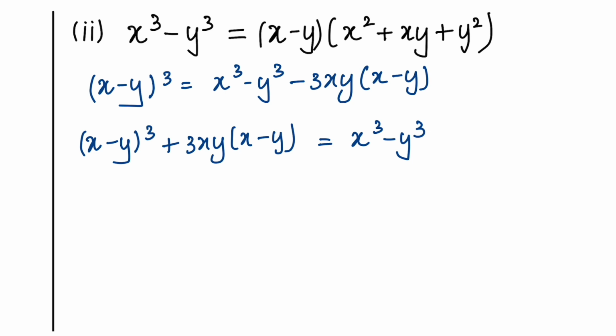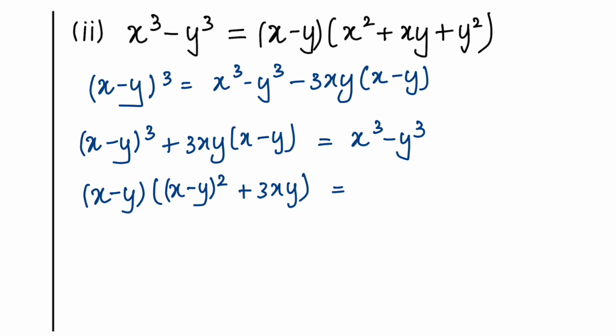Now on the RHS, you can see that x minus y is a common factor on both these terms. So I am going to take that out as a common factor. That leaves you with x minus y into x minus y the whole squared plus 3xy, and that is equal to x cube minus y cube.